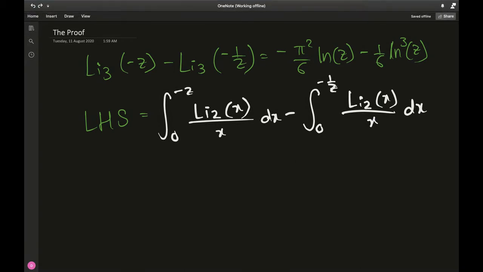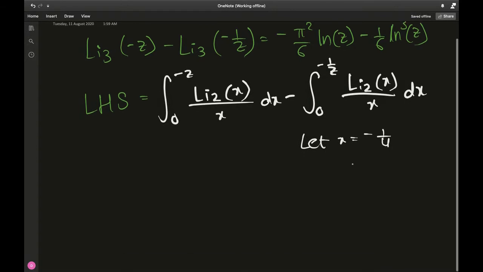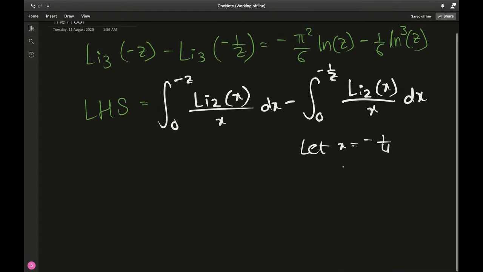Noticing that the upper bound of the second integral is a reciprocal, we would like to make it a normal quantity, not a reciprocal. For that, we make the substitution: let x equal negative 1 over u, so dx will be du over u squared.